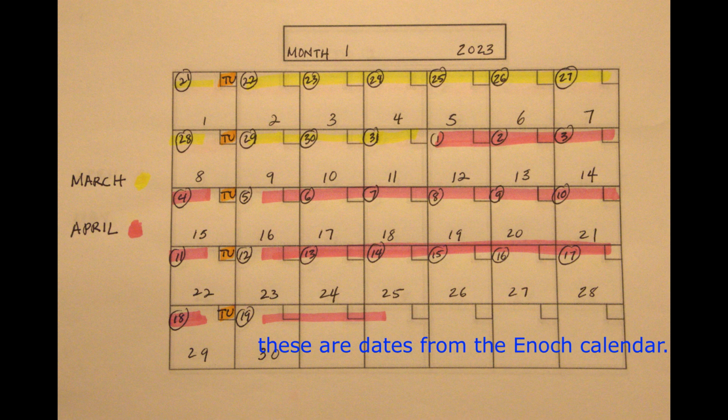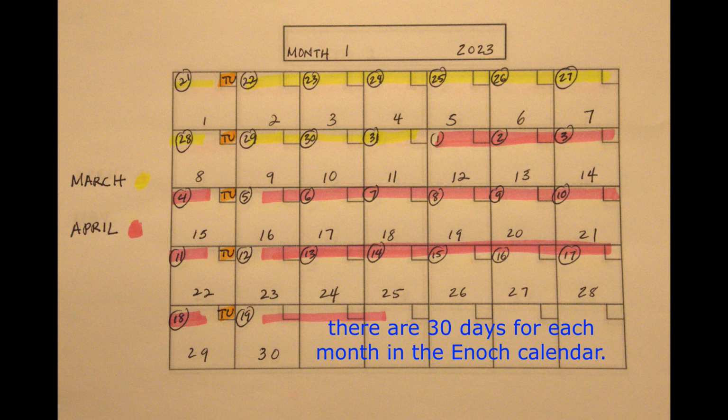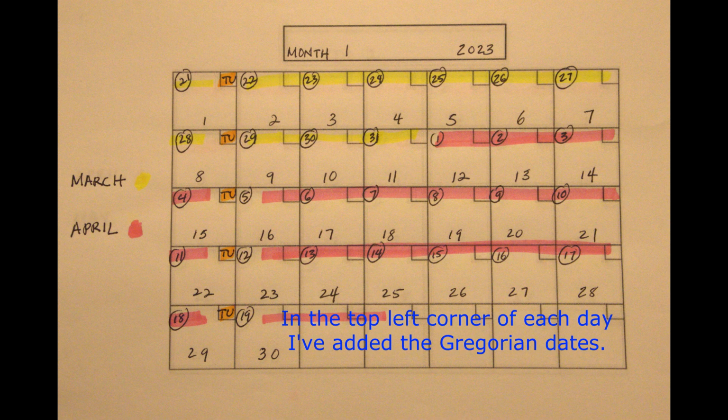These are the dates from the Enoch calendar. These are the days for each month in the Enoch calendar. In the top left corner of each day, I've added the Gregorian dates.